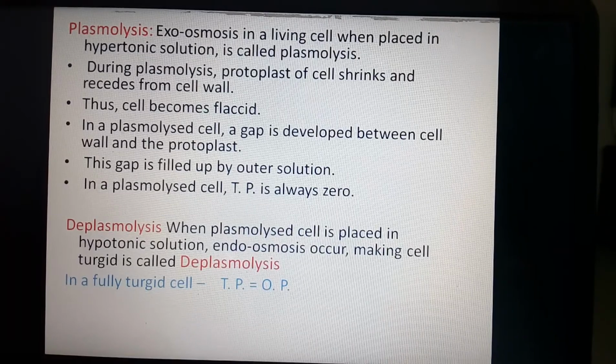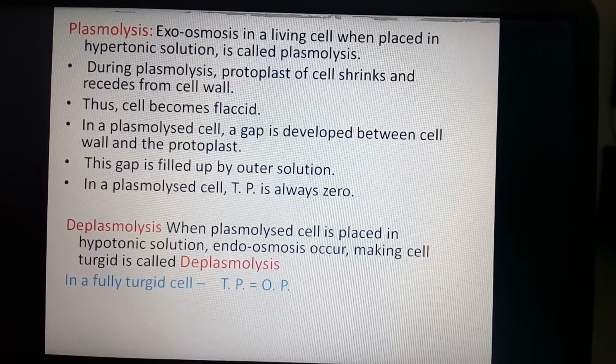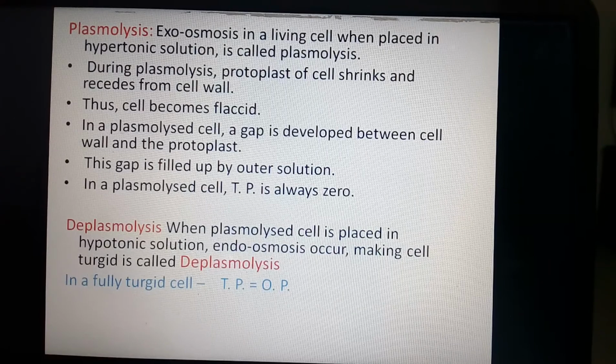Here, deplasmolysis. In a deplasmolyzed cell, what happens? When we keep the cell into the hypotonic solution, by the process of endosmosis, water enters inside the cell and the cell becomes fully turgid.